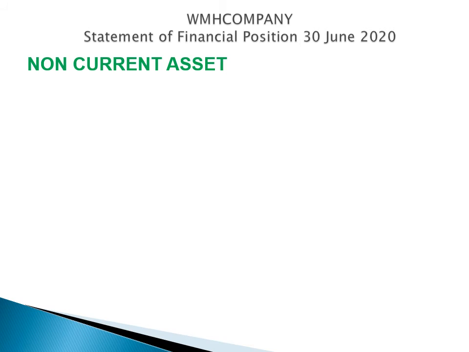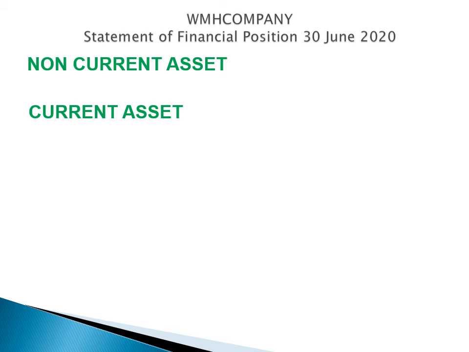Okay, the statement of financial position is actually listing out that the assets must be equal to liability and owner's equity. We are showing the accounting equation in the statement of financial position. So then you need to list out what are the business non-current assets and what are the business current assets.